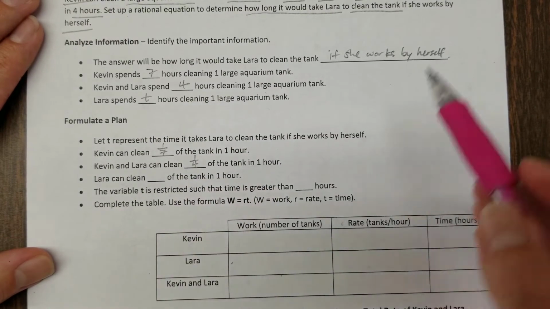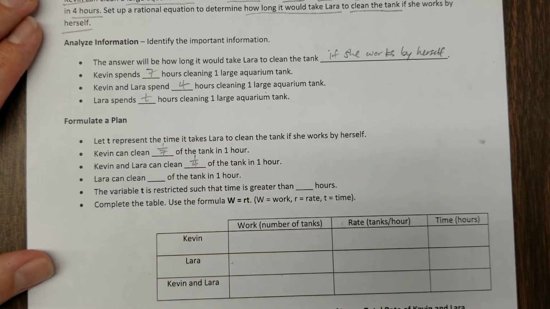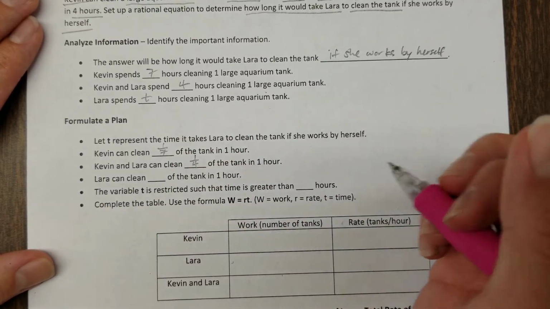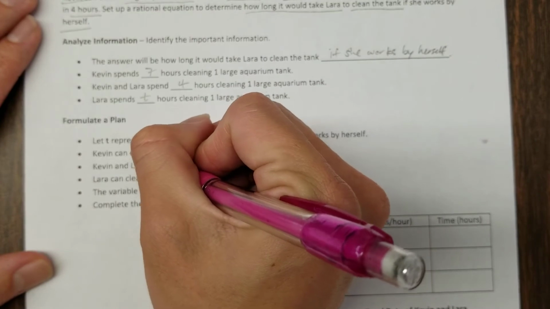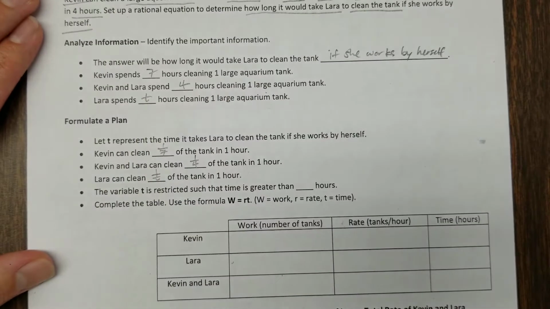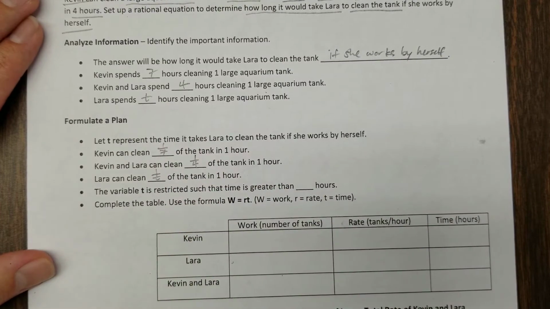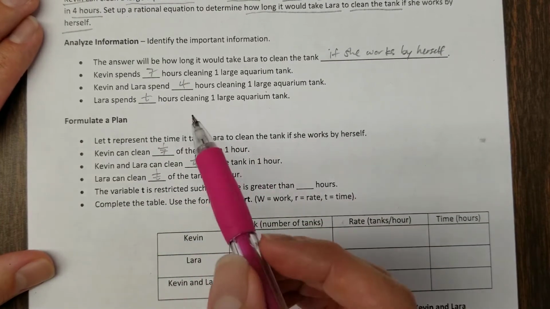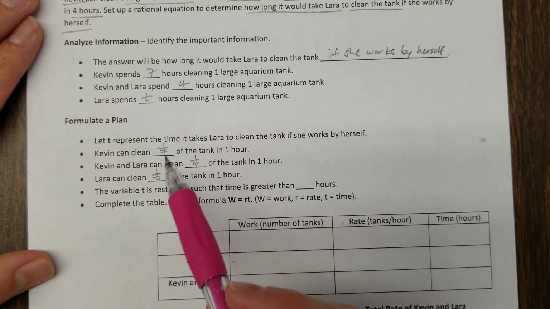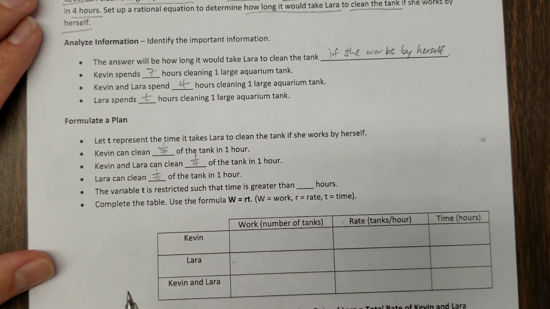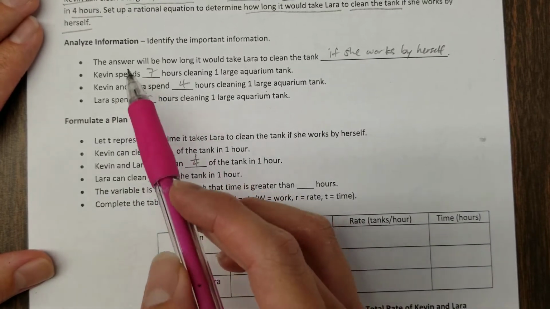Lara, now this one is a little bit tricky. Lara can clean 1/T of the tank in 1 hour because we don't know how many hours she spends to clean the tank. You just look at the pattern: we do 1 over whatever number you see there.